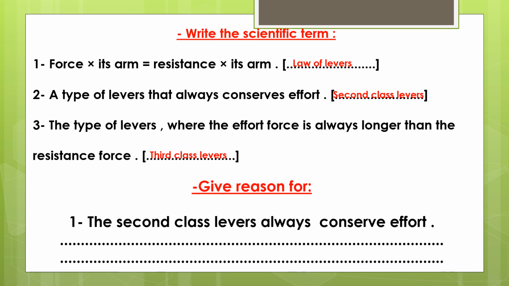Question number 4, give reason for the second class levers always conserve effort. The answer: because effort force arm is longer than resistance force arm, so effort force is smaller than resistance force.